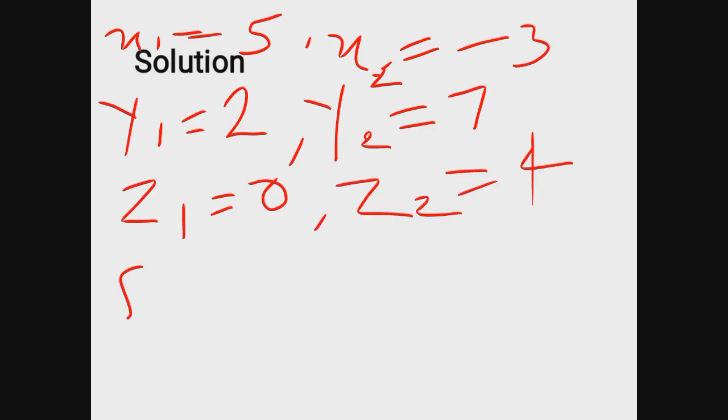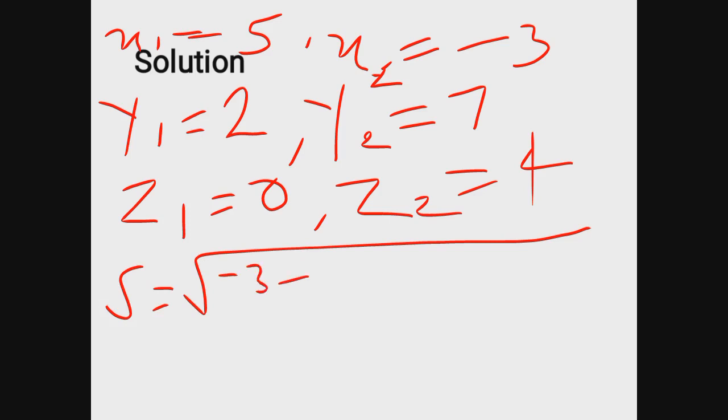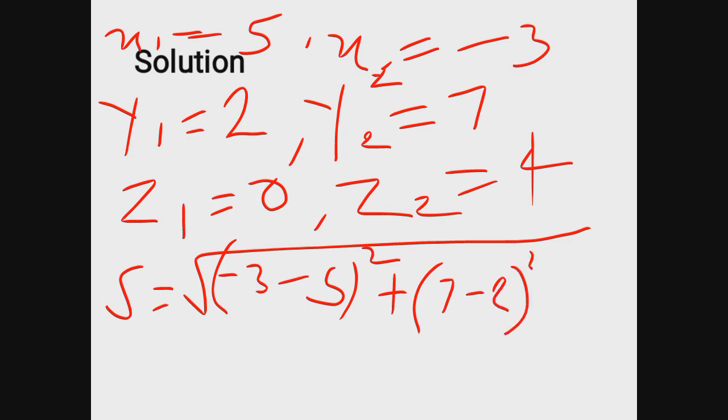Now substituting this into the formula, we have x2, which is -3, minus x1, which is -5, all squared, plus y2 7 minus y1 2 all squared, plus z2 4 minus z1 0 also all squared.